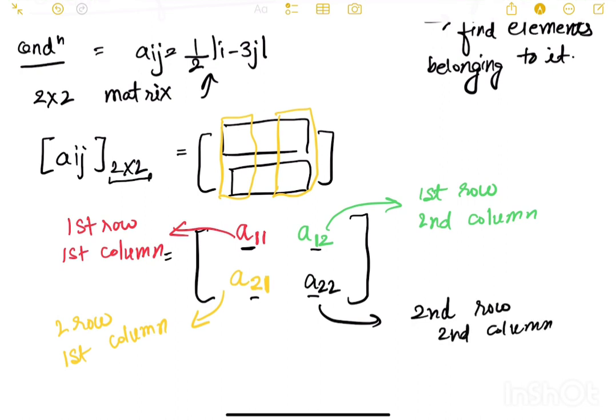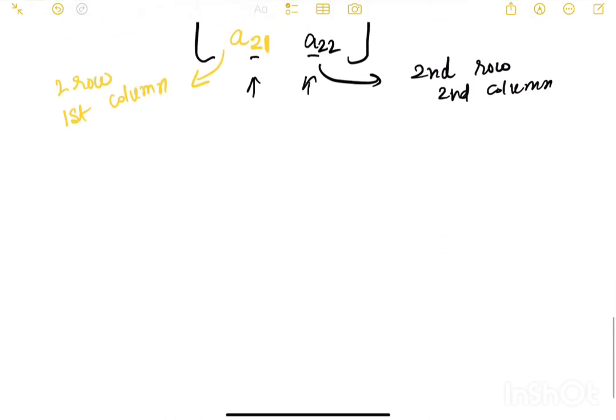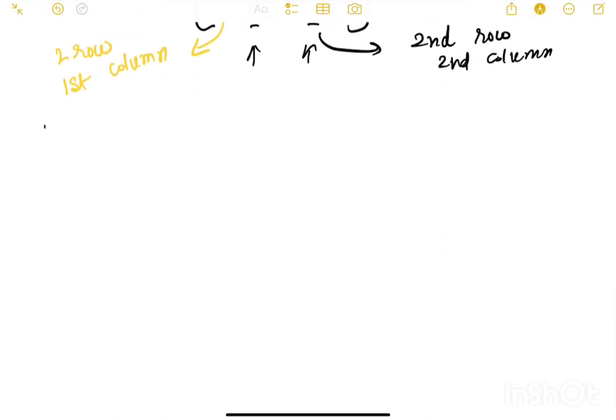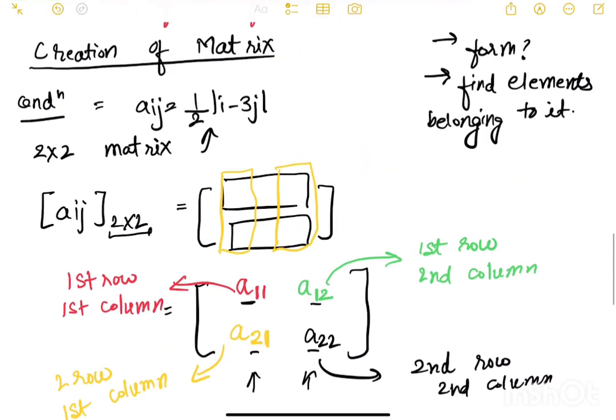So this will be A22. So for constructing the matrix, we must know each and every element. So what will we do? We need to find A11, A12, A21 and A22 using this condition which I have mentioned here.